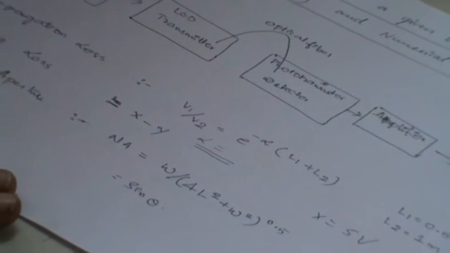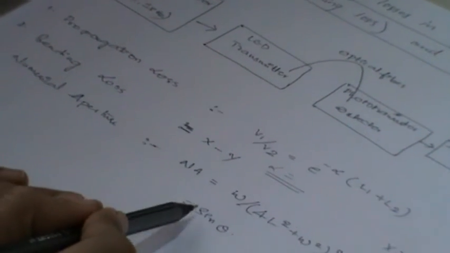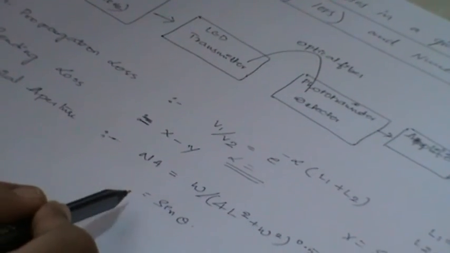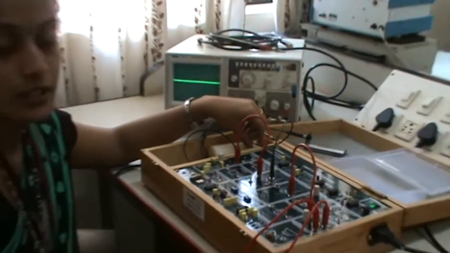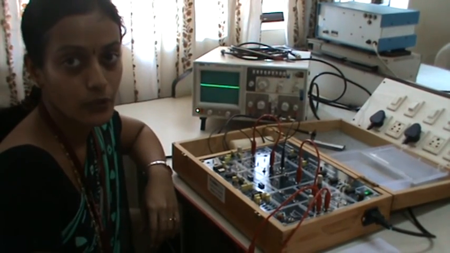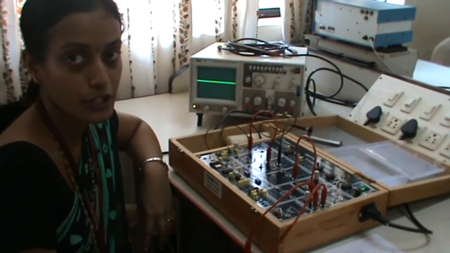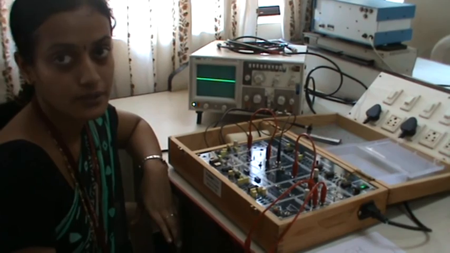So numerical aperture is equal to sin theta, so theta is equal to sin inverse of the numerical aperture. This is how you can find the numerical aperture of OFC. So this is all about the measurement of losses in a given OFC, that is bending loss, propagation loss and numerical aperture. Thank you.